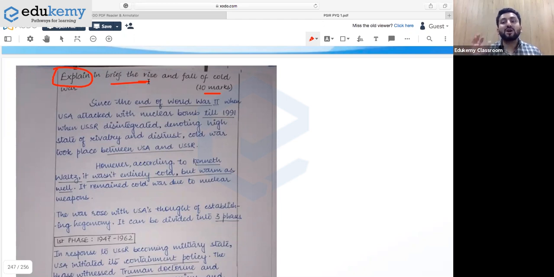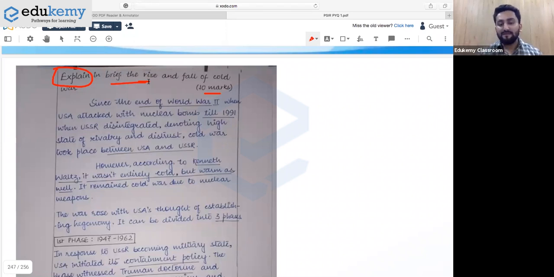Then you talk about the start of Cold War, then the different phases of Cold War, and then the final junction, where we saw the disintegration of USSR. Then you quote some scholars who say that Cold War was never cold, there was warmth there. Then we have some scholars who say that Cold War never ended, we are still living in the era of Cold War. That is how you need to balance your answer.